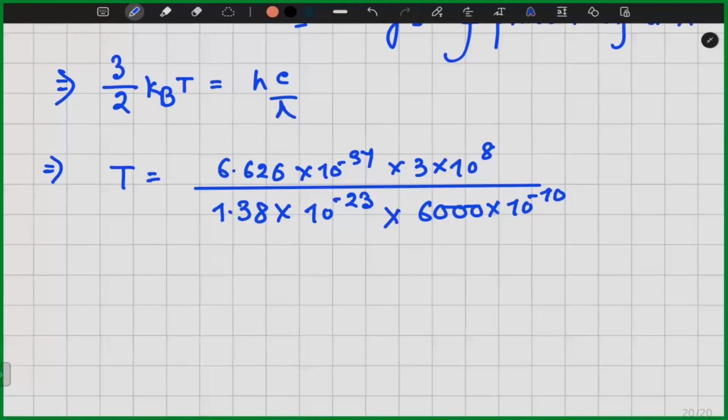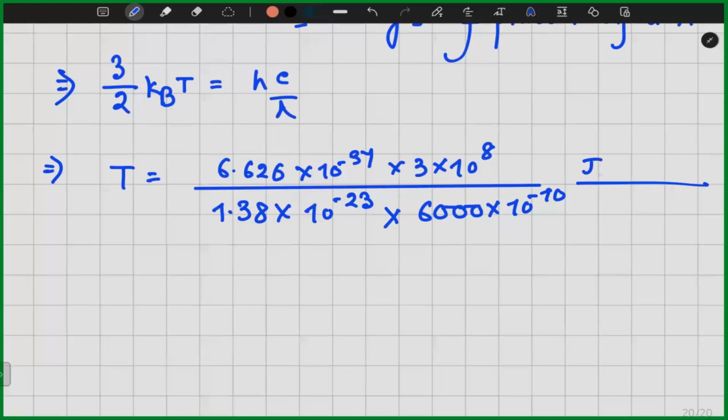Now the unit. Okay, this unit is new to us. What will be the unit? For h it is joule second, for c it is meter per second, and for lambda it is meter. So it is actually a joule.